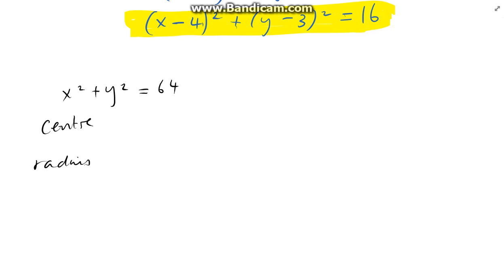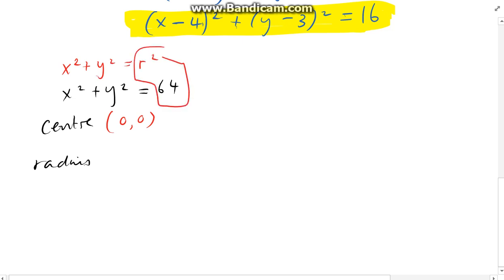You should know straight away by looking at that, it's x squared plus y squared equals the radius squared, so therefore my centre has to be 0, 0. We know your formula is x squared plus y squared equals r squared, so I know r squared is equal to 64. If I want to find r, I get the square root to get rid of the squared. So I know my radius there is 8.